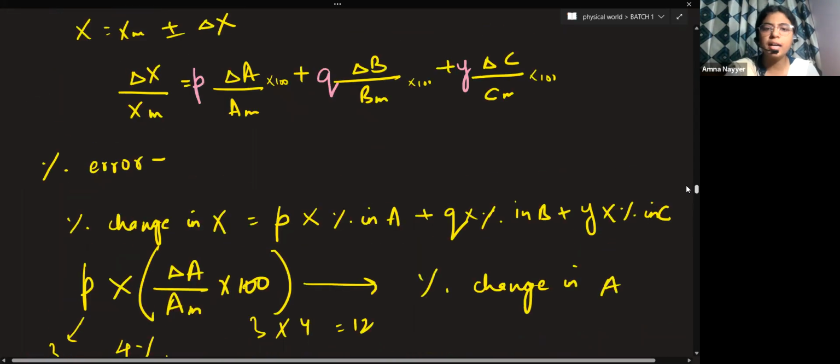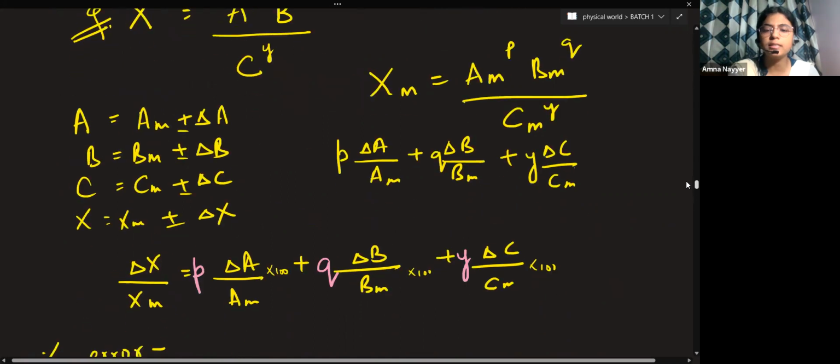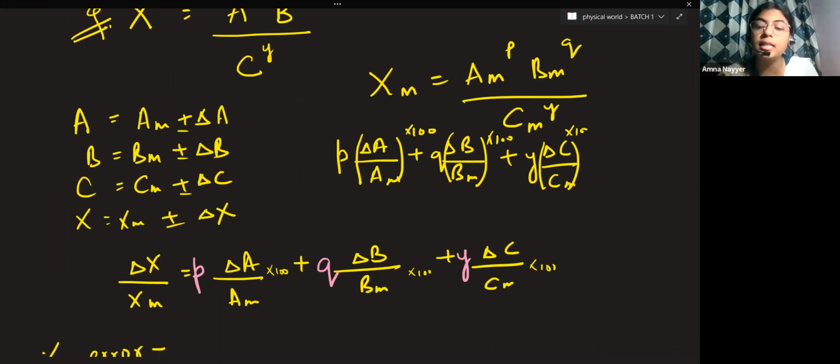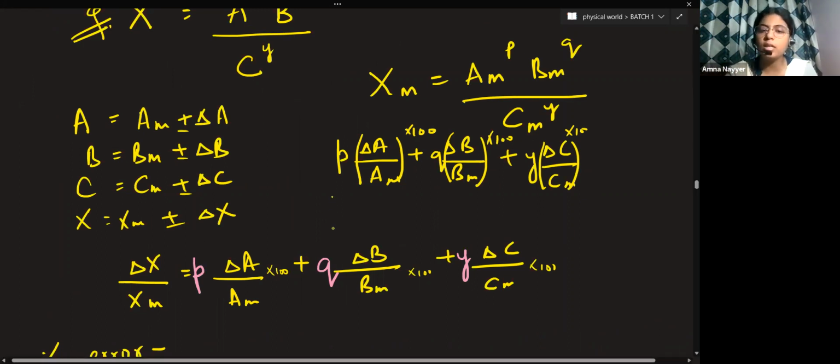So see, if I multiply all these quantities with 100, see what do I get? If you remember, delta A divided by AM into 100, that is fractional error multiplied by 100, gives you percentage error. So this is basically P multiplied by percentage error of A plus Q multiplied by percentage error of B. In this manner you have.